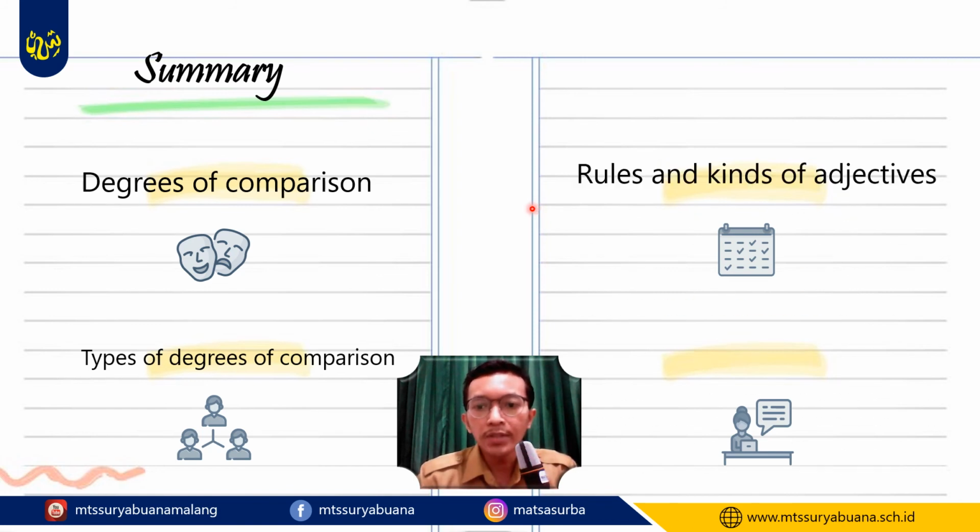The rules and the kinds of adjectives I showed you in the form of a table, so you can use these adjectives to make comparisons about animals and things. And I also explained examples of how to make sentences about degrees of comparison related to animals and things, and you also have to do the exercise.